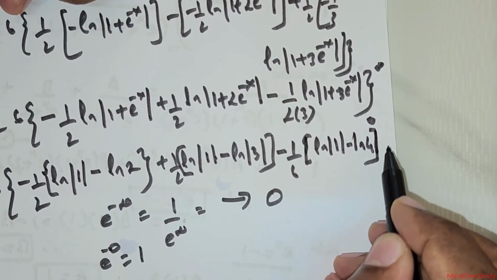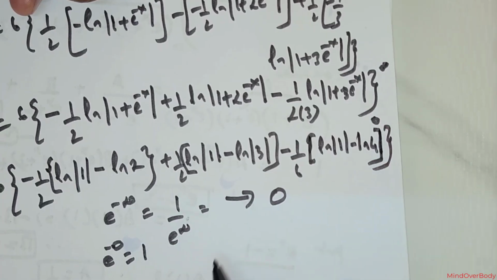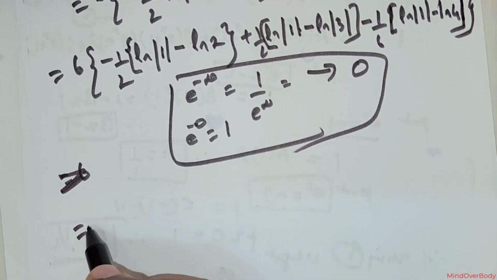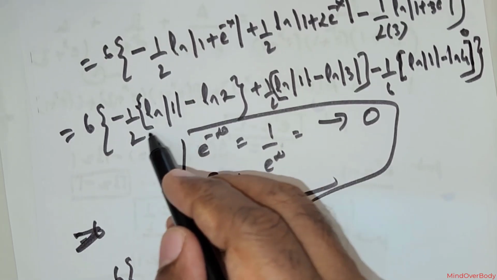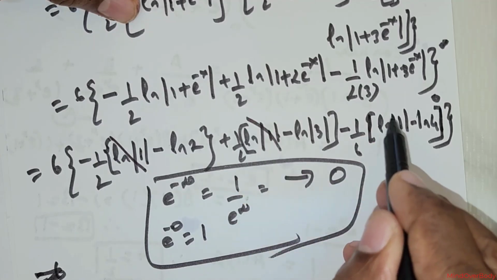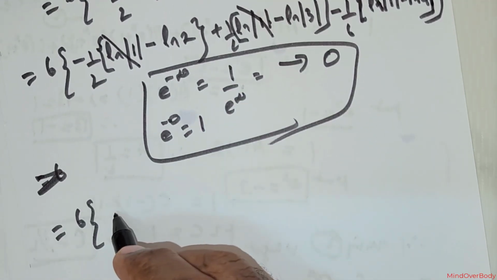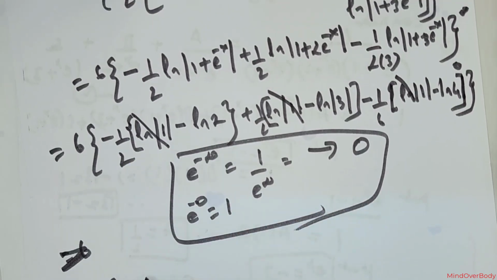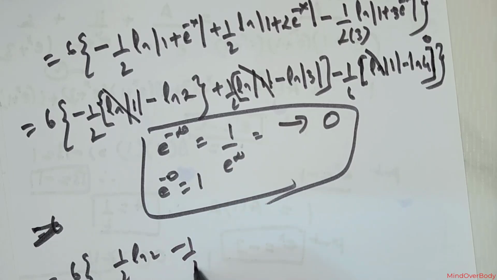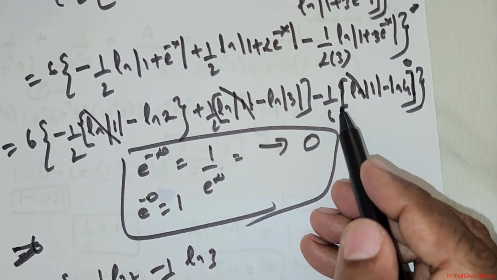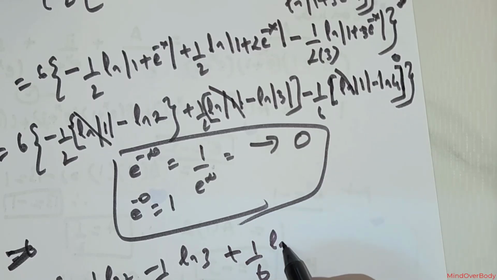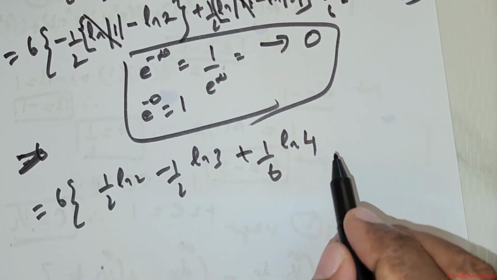So this is what I have got. Now this is equal to 6 times ln 1, this is off, ln 1, this is off. So what you got? Negative, positive 1 over 2 ln 2, and then negative 1 over 2 ln 3, and then negative, positive 1 over 6 ln 4. This is what we've got.